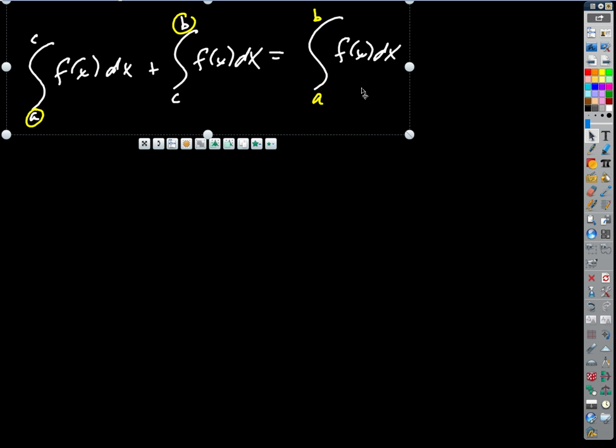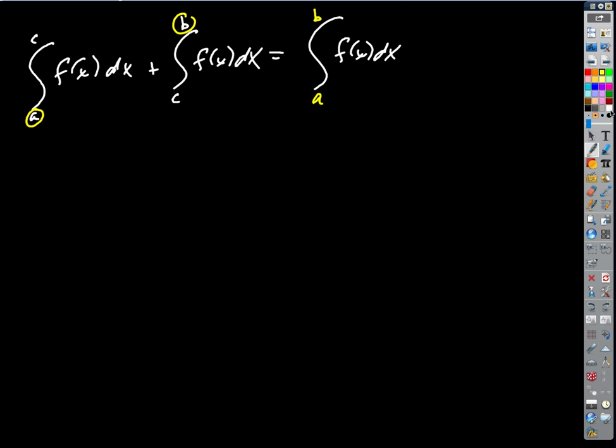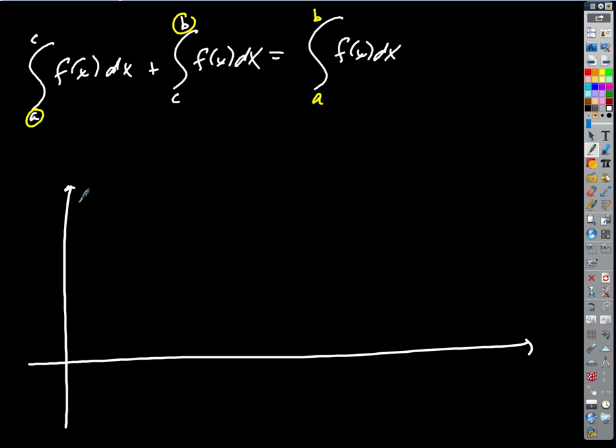So there's our property. Now what happens? Let's make this A and this B and that C. So then the first part is just going to be this part right here. Well, I need a function too. There's my function.